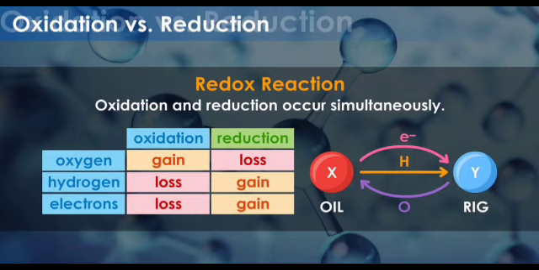Number 6, add electrons to balance charges. Remember, when you add electrons to positive charges, you end up reducing that. Gain of electron is reduction, so you end up reducing that element to neutral state.